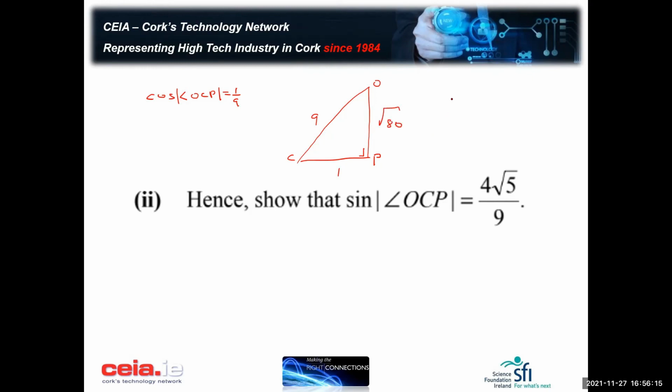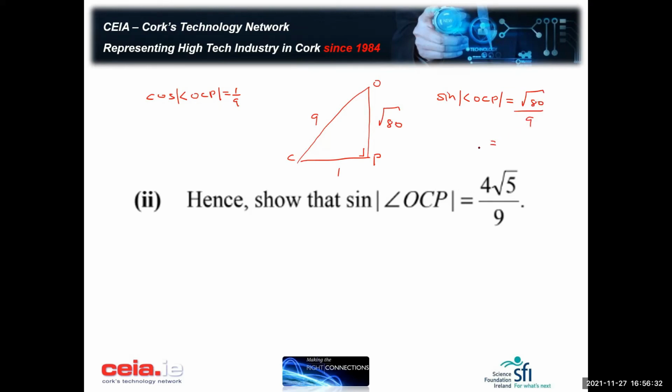So the sine of the measure of angle OCP equals, well, the sine is opposite over hypotenuse, so that is √80 divided by 9.